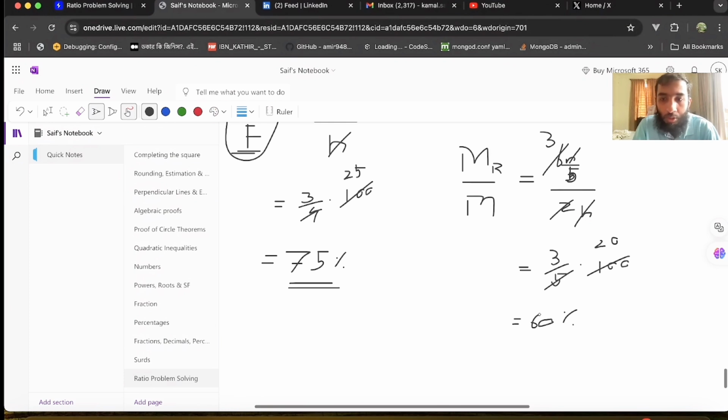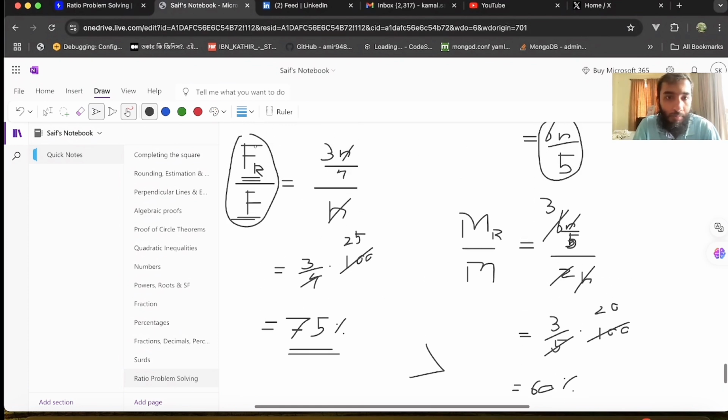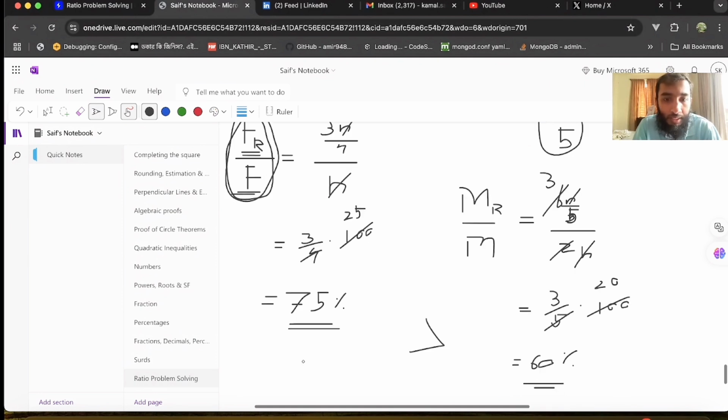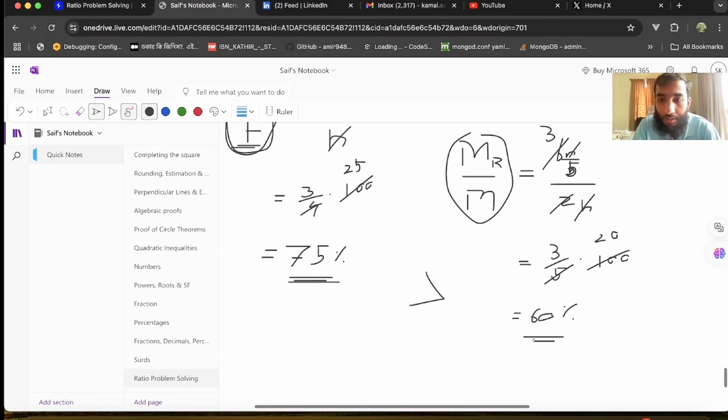Okay. So as you can clearly see, 75% is greater than 60%. So the percentage of right-handed females out of the female population is 75%, and the right-handed males out of the male population is 60%.